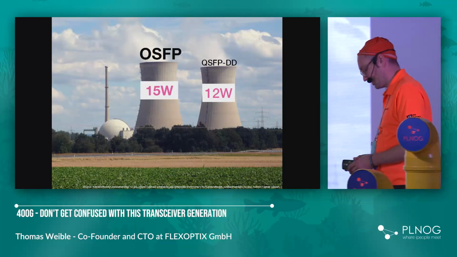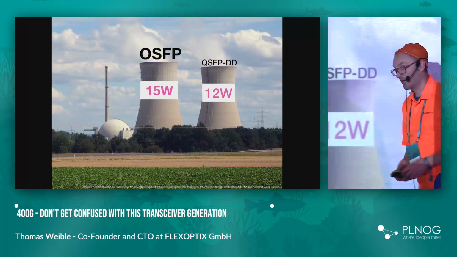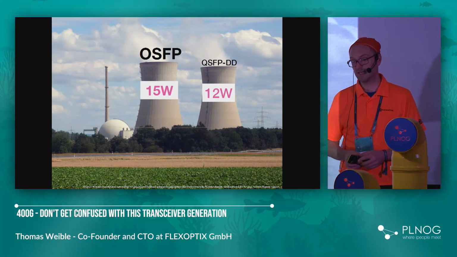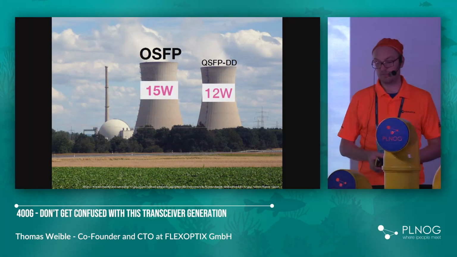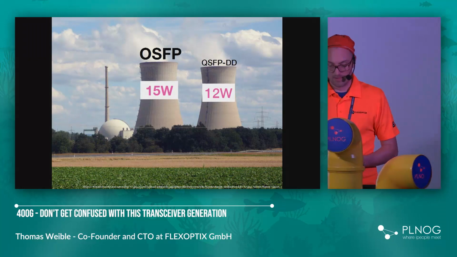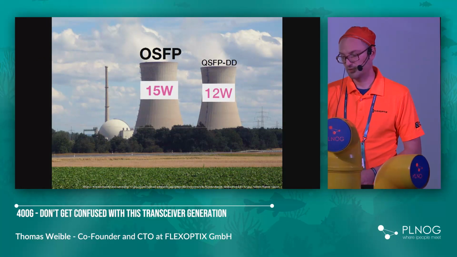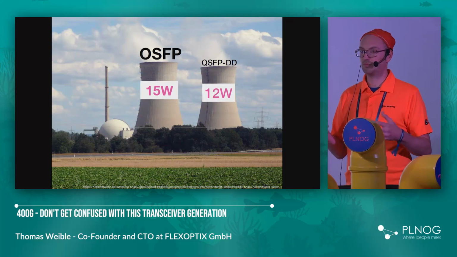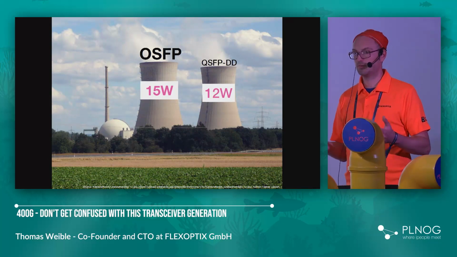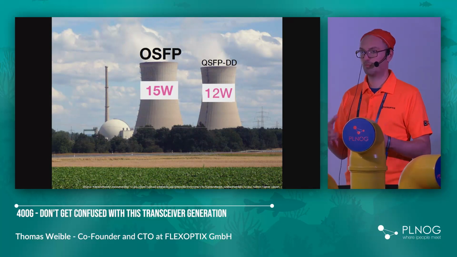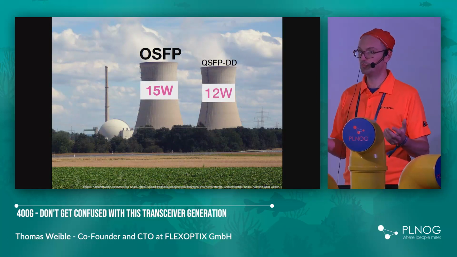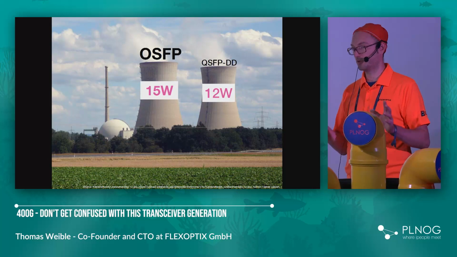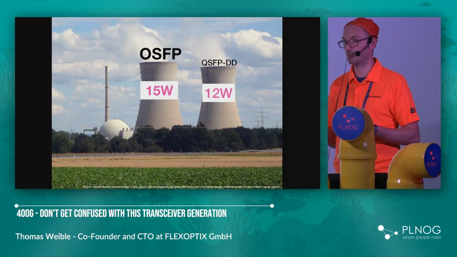Finally, power consumption, that's a really critical one. When we heard the talk about Huawei at the beginning, yes, there is more and more power consumed, but just think about the figures. The OSFP is rated up to 15 watts, and 15 watts doesn't sound like much, but if you have a 1U switch having 32 ports of 400 gigabit, you might end up with, just for the optical pluggables, 500 watts.